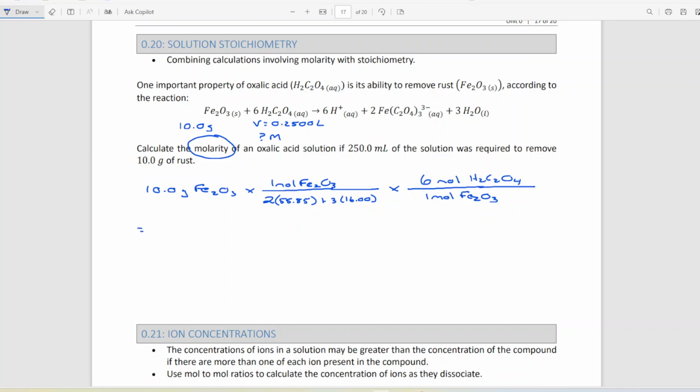So I'm going to put in 10 divided by bracket 2 times 55.85 plus 3 times 16 unbracket times 6. I don't need to divide by 1, but that ends up with 0.375704... Again, this is not a final answer. This is moles of oxalic acid.